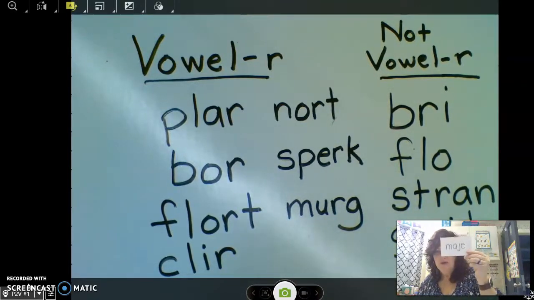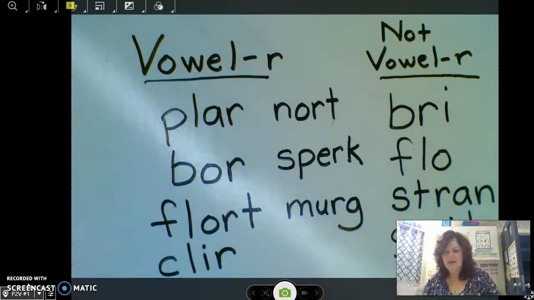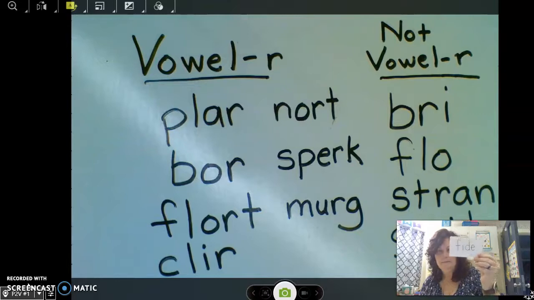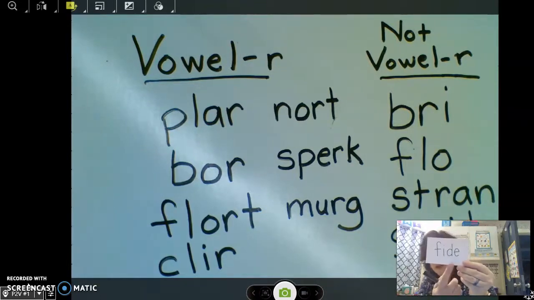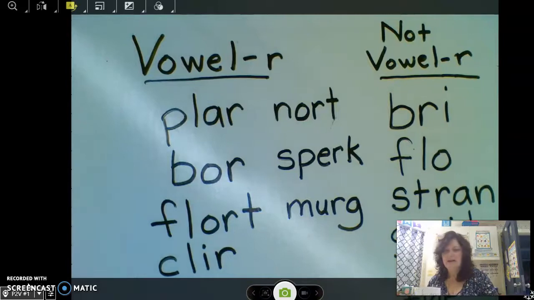All right, next one we have, find the vowel, and hopefully you're saying silent E. This is going to go on the not vowel R side. Okay. And last one, find the vowel. It's followed by a silent E. It is going to go on the not vowel R side.